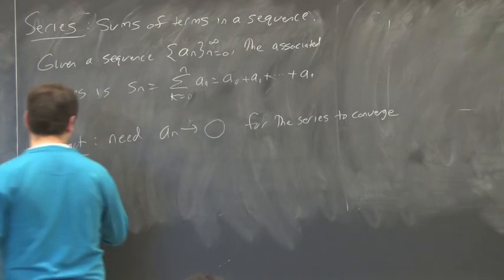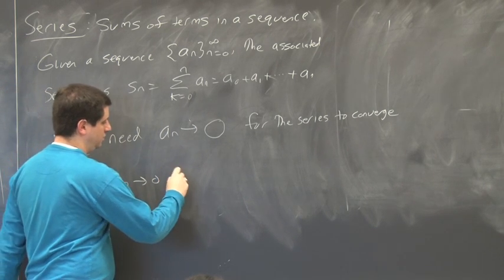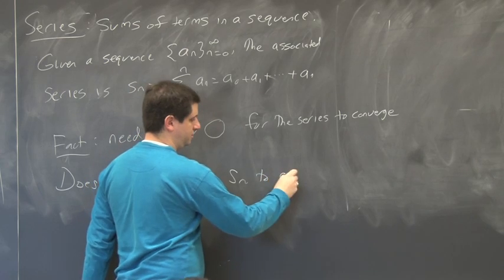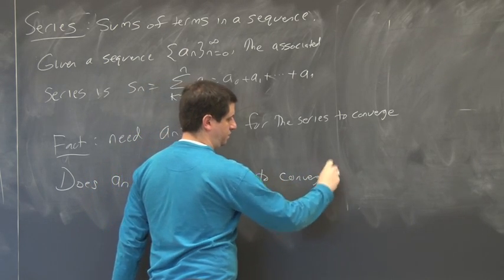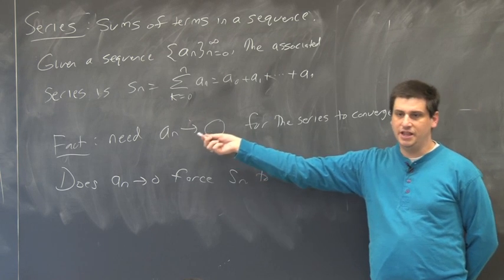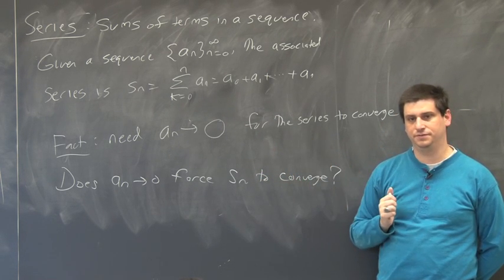So does an go to 0 force Sn to converge? So we know that this is necessary. It's necessary that an goes to 0 for the series to converge. Is it sufficient? What do you think?